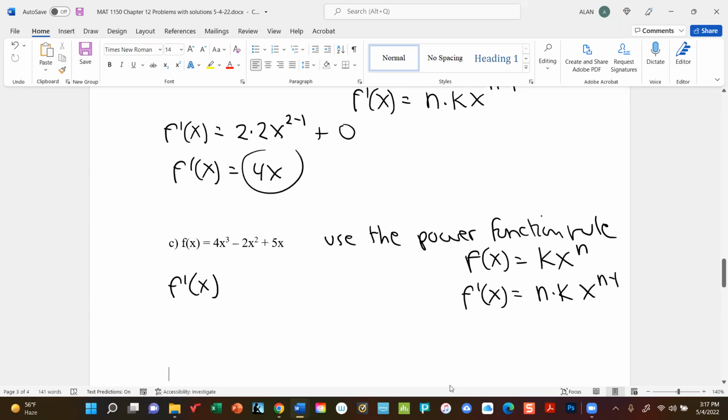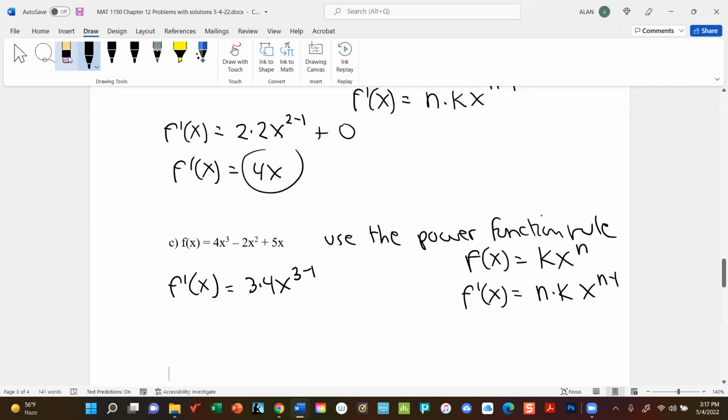So for the first one, you'll have 3 times 4 times x to the 3 minus 1. And then now here you'll have minus 2 times 2, x to the 2 minus 1.